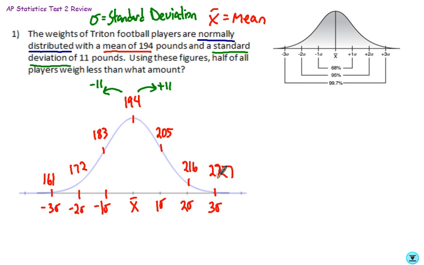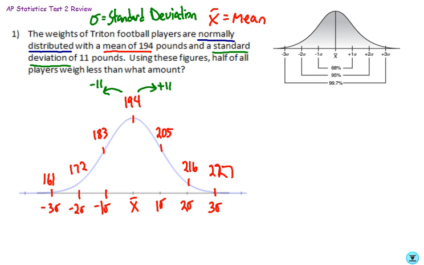Two standard deviations represents 95%, so 95% of players weigh between 172 and 216. And one standard deviation is 68%. These numbers are set, so they don't change for the problem. It doesn't matter what the numbers are in the problem, these percentages are set, again assuming that we have data that's normally distributed.